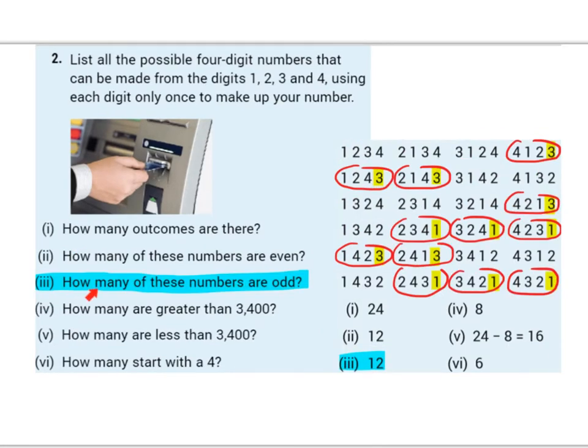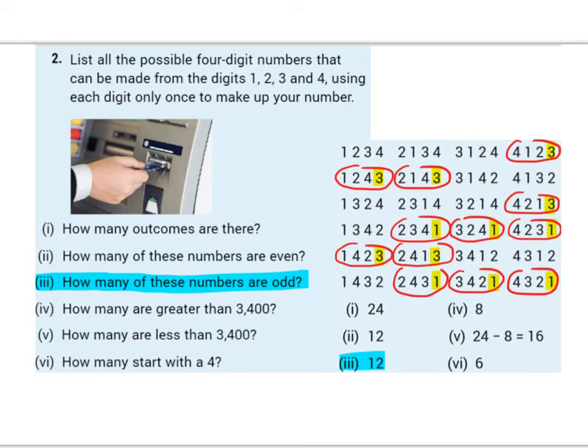Question 3. How many of these numbers are odd? Well, just like the last question, we're focusing in on the last digit. So for this digit here that I've circled, 1, 2, 4, 3, the 3 is the digit on the right-hand side at the very end, and that is an odd number. So likewise, that 3 there is odd, that 3 is odd, that 1 is odd, and so on. So anything that I've circled in red is an odd number.